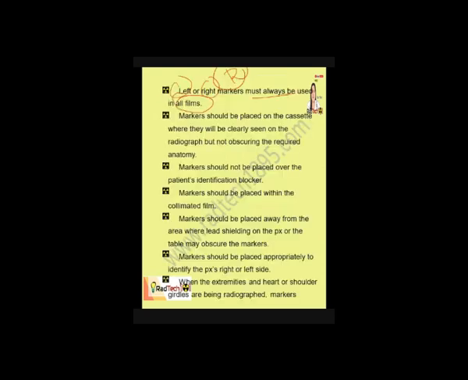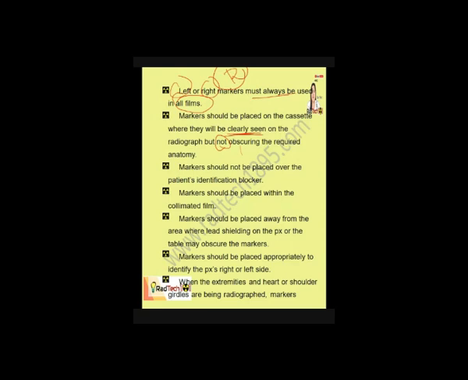Markers should be placed on the cassette where they will be clearly seen on the radiograph, but not obscuring or hampering the anatomy of interest. In this case, we are talking about the additional lead markers.